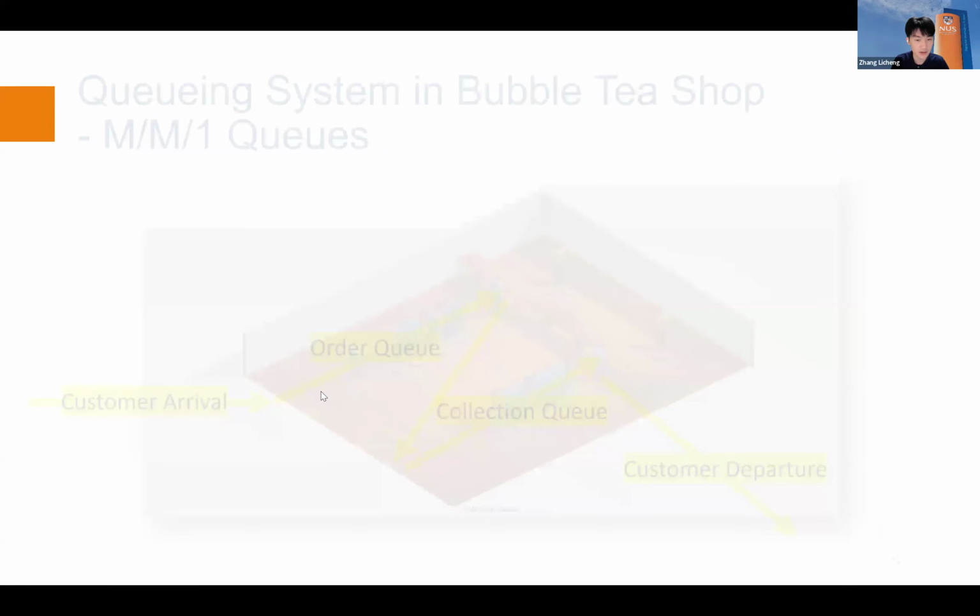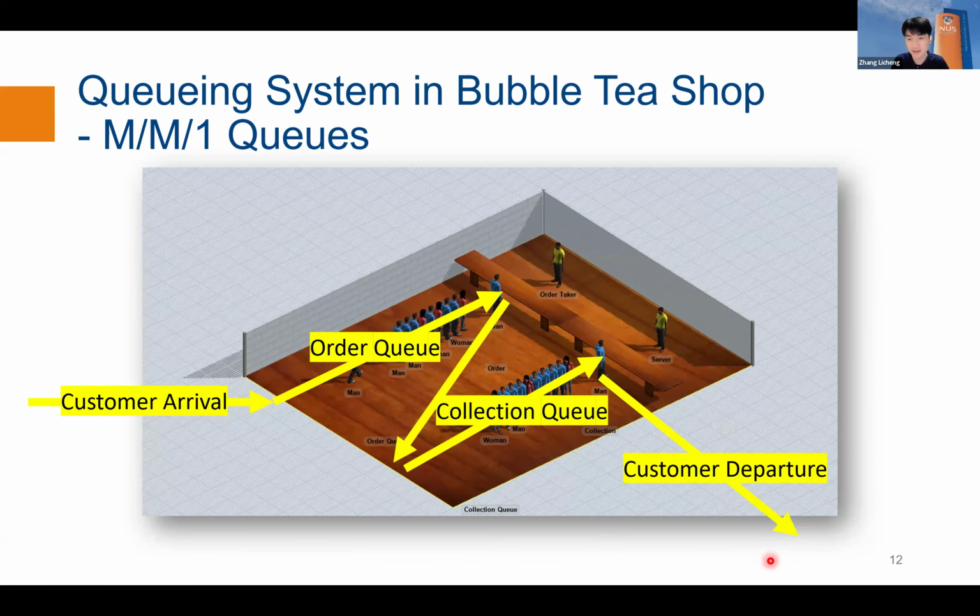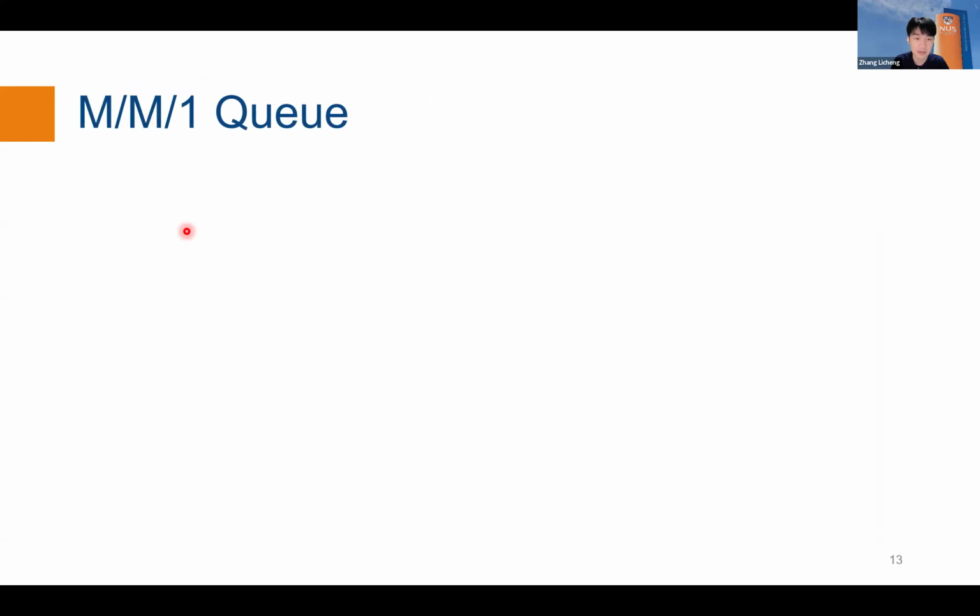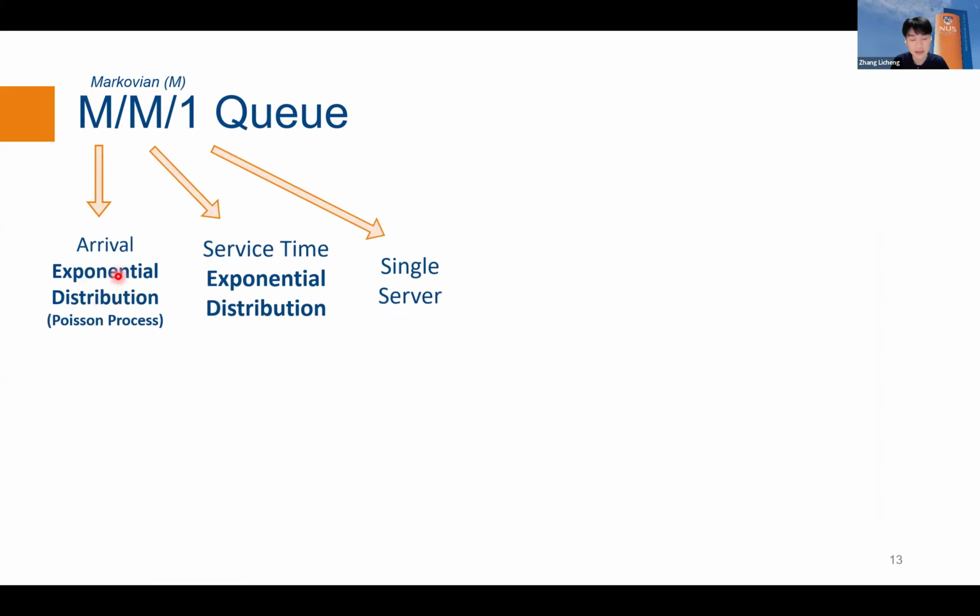Oh, right, before building our model in FlexSim, we have this MM1 queue concept here. So what is an MM1 queue? Actually, the order queue and collection queue are both MM1 queues. So what does MM1 mean? M here stands for Markovian, and Markovian means the arrival rate and service rate both follow the exponential distribution.